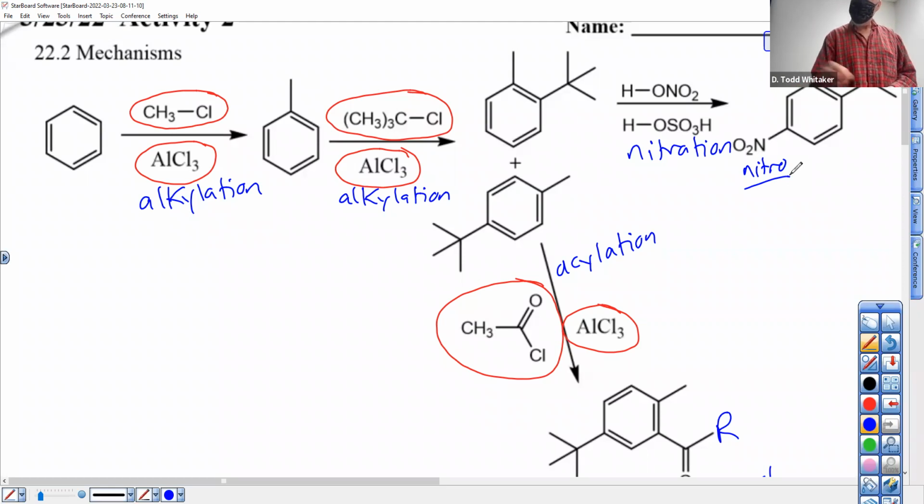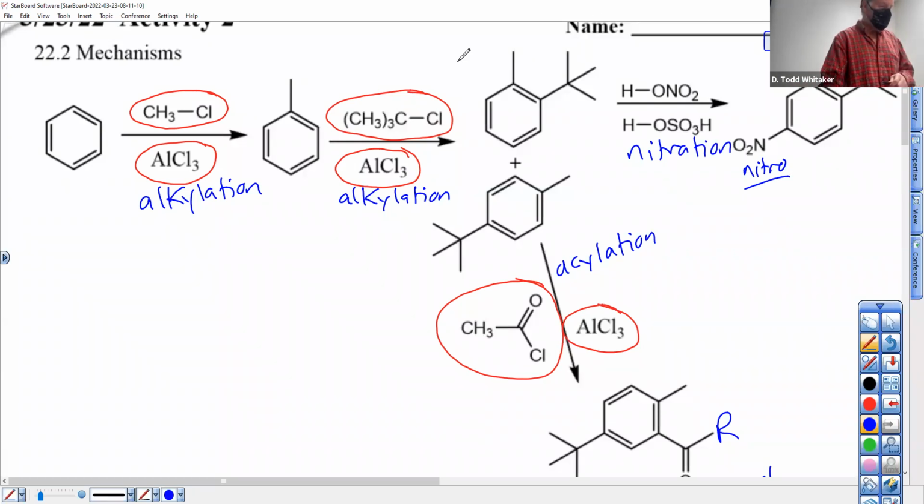One thing I didn't say yet is that it is hard to put groups on benzene. As we discussed last day, benzene has unusually stable pi bonds because of that aromaticity phenomenon. It really helps those pi electrons be more stable. So to get them to react is not easy.